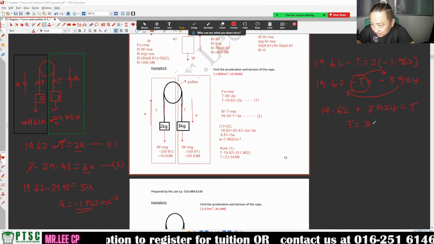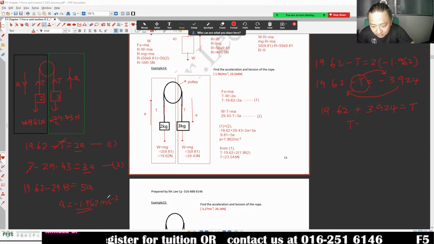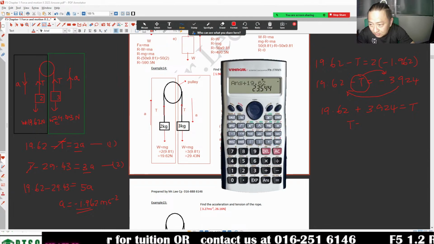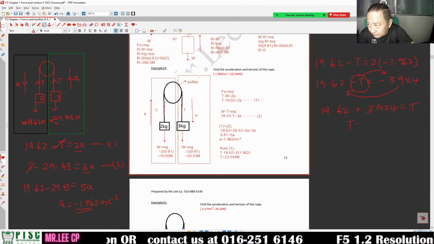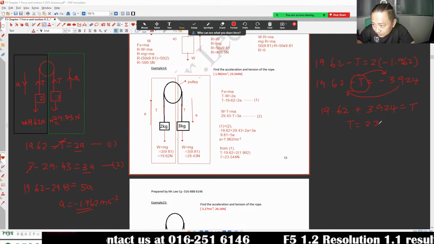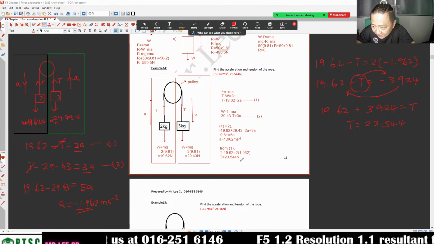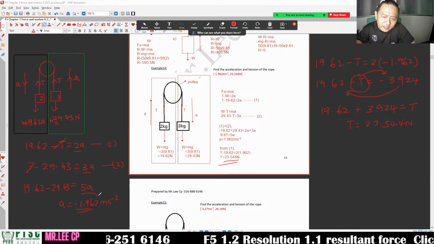Tension is, I'm sorry, double check, 23.544. Tension is going to be 23.544, exactly the same. Now why negative?